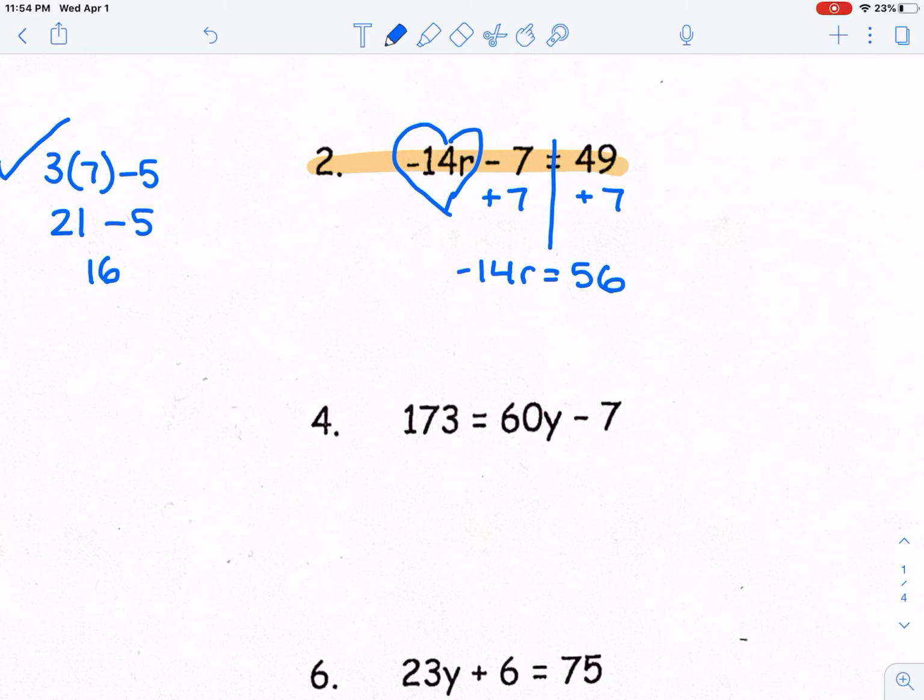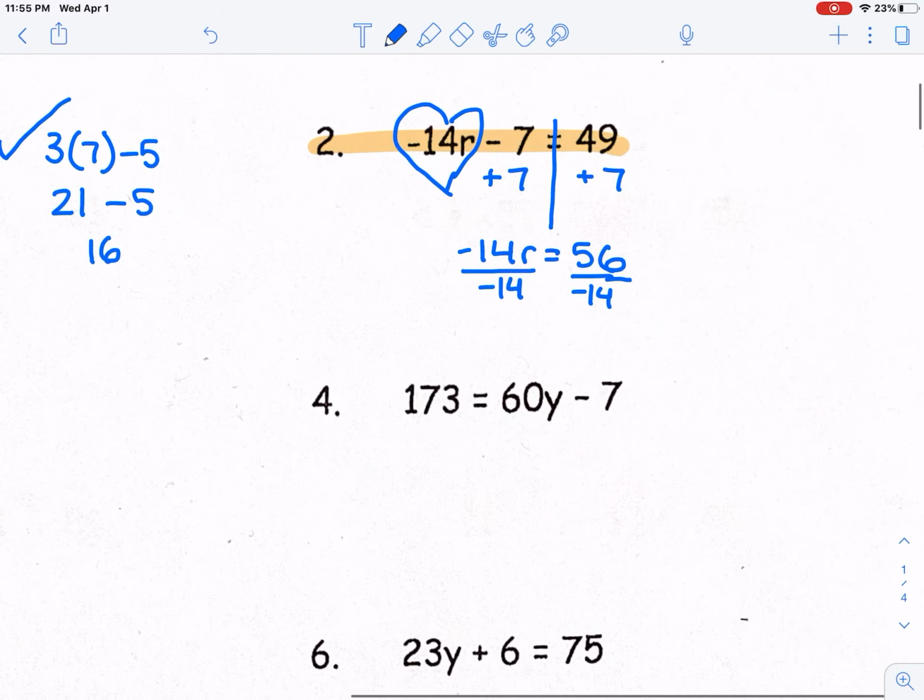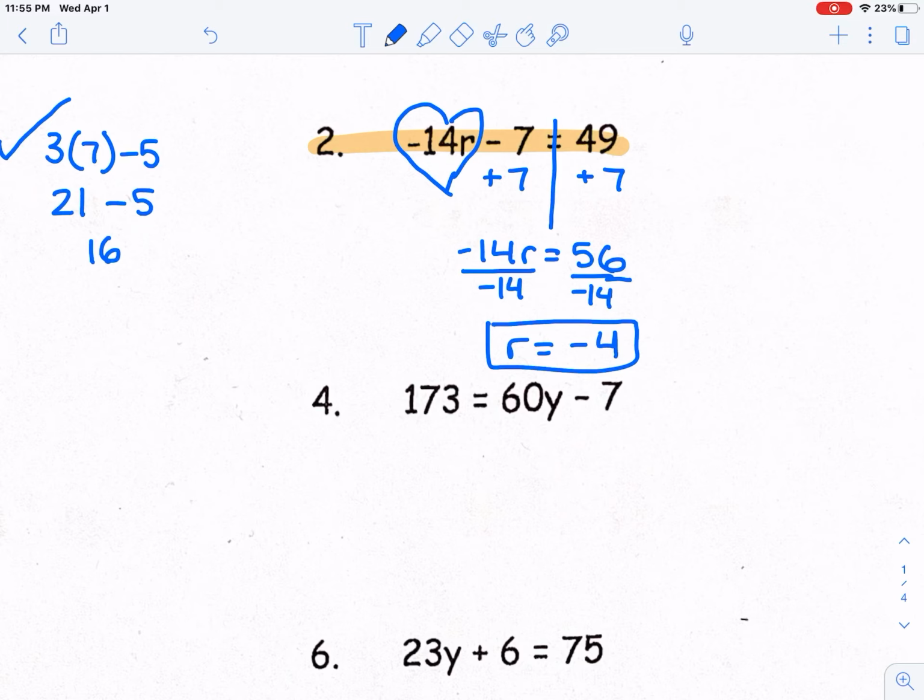And then again, to get that r by itself, we're going to divide by that negative 14. Remember, you can't just divide by positive 14. You have to keep that negative sign. And we do get r is equal to negative 4. And again, just a reminder, anytime you have a positive divided by a negative, you do get a negative, okay?